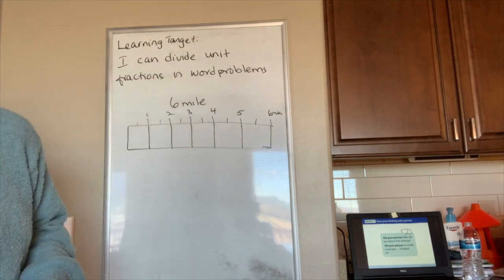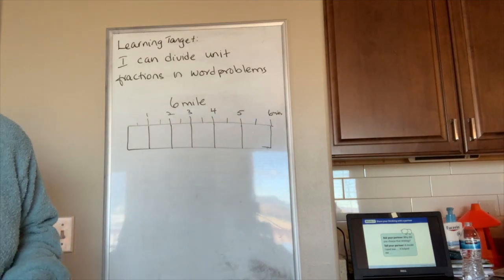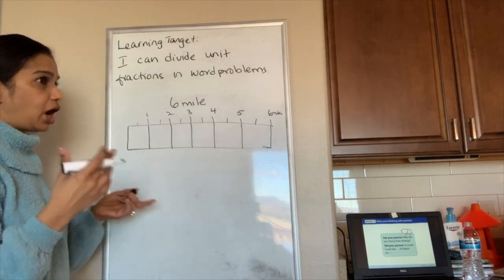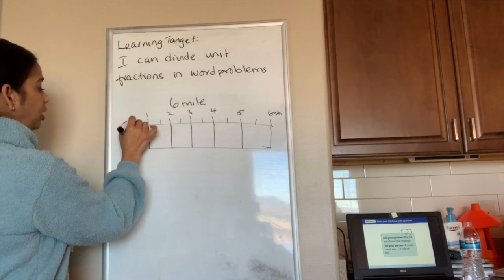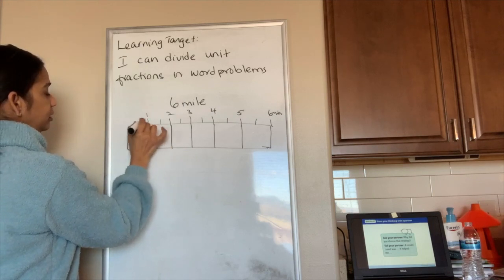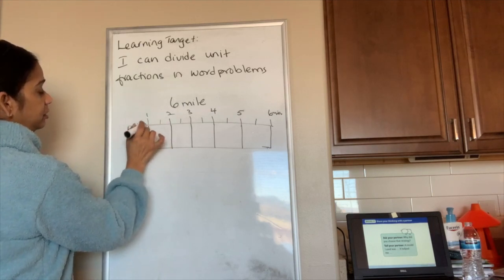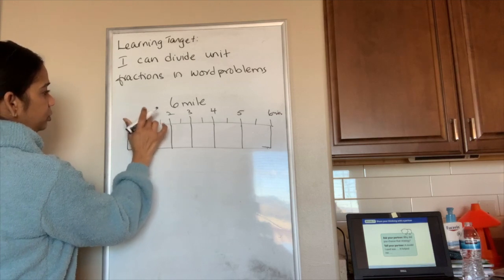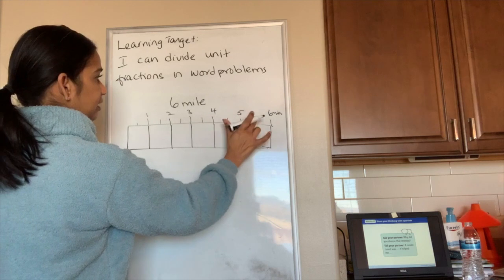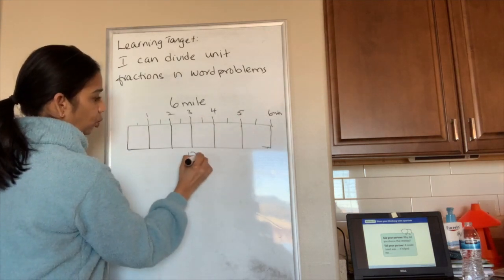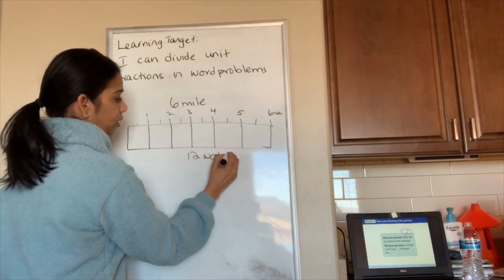And the question is, how many water stops are there in all? All right, so this is 1 water stop, right? Then there'll be another one here. So 1, 2, 3, 4, 5, 6, 7, 8, 9, 10, 11, 12. There are 12 water stops in all.